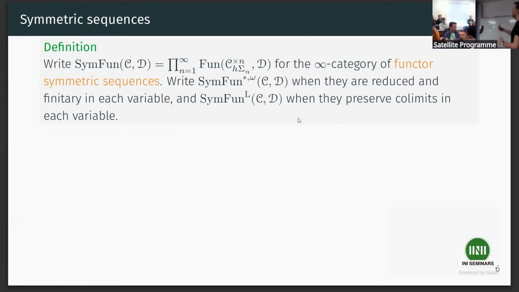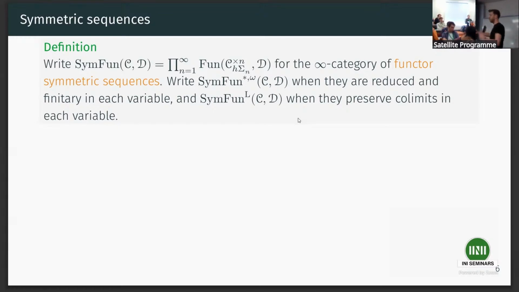So we take all these together and call them functor symmetric sequences. A functor symmetric sequence is really just a sequence of functors where the nth functor has n different inputs, one output, and is symmetric in the inputs. That's what these homotopy orbits indicate.